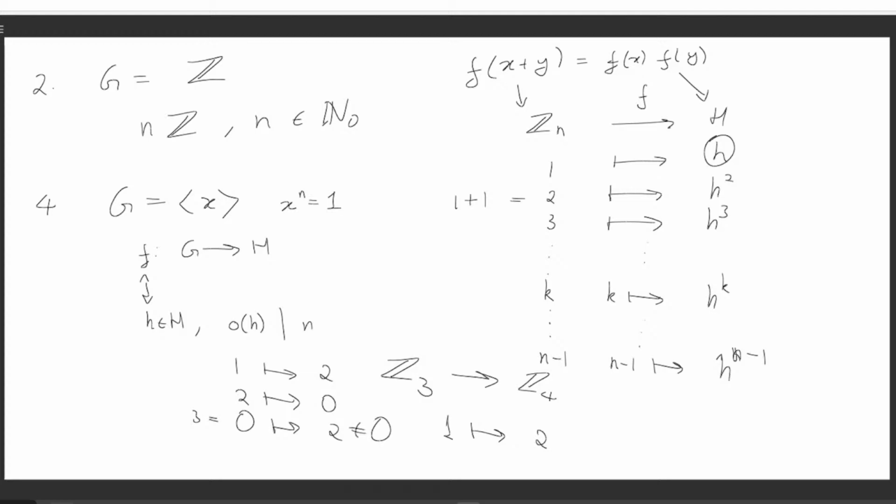Because we know that a homomorphism must preserve identity, 0 must map to 0. So why is this not working? This one has order 3, right? After 3 steps, if you add it to itself, it will be back to 0.